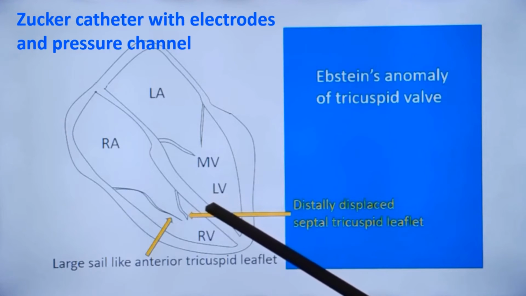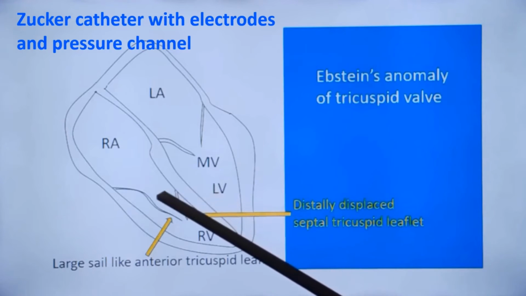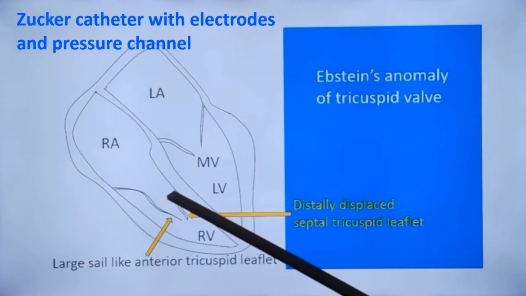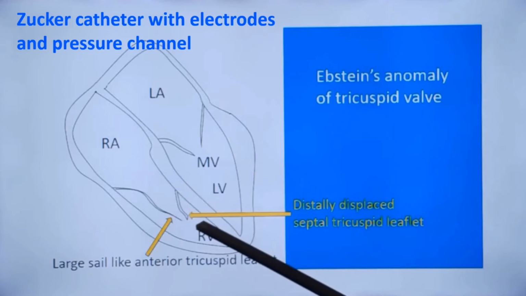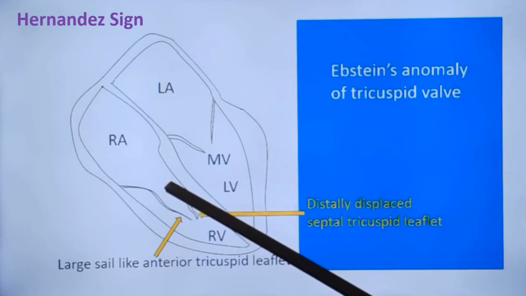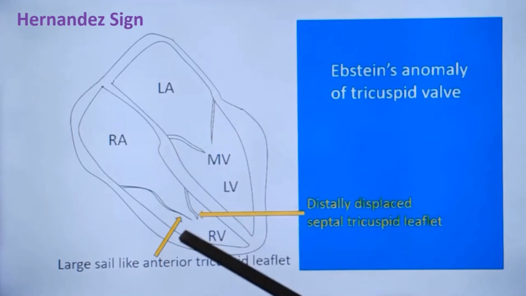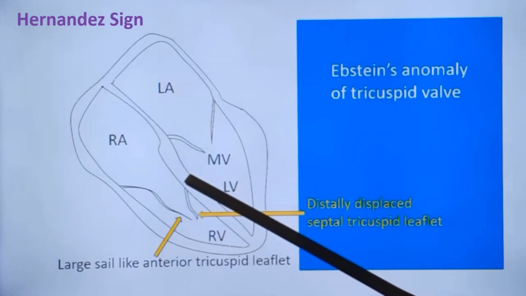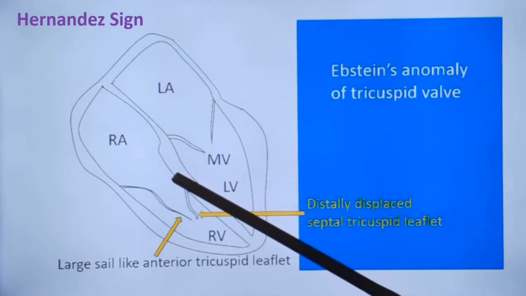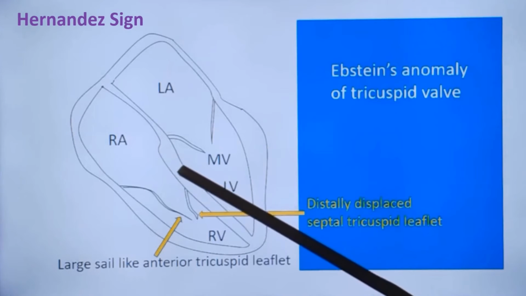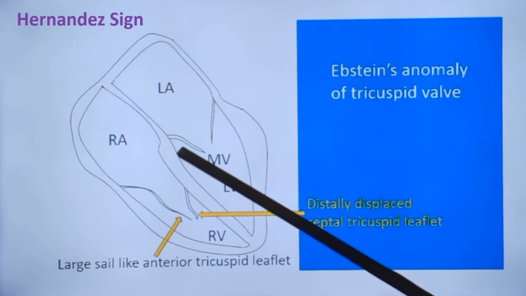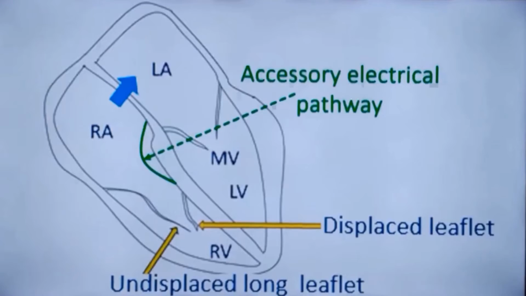The Saka catheter has both an electrode as well as a pressure channel, so it can be used to detect Hernandez sign. Hernandez sign is intracardiac pressure in this region showing a right atrial pressure tracing, while the intracardiac electrogram using the Saka catheter will show a ventricular type of electrogram.